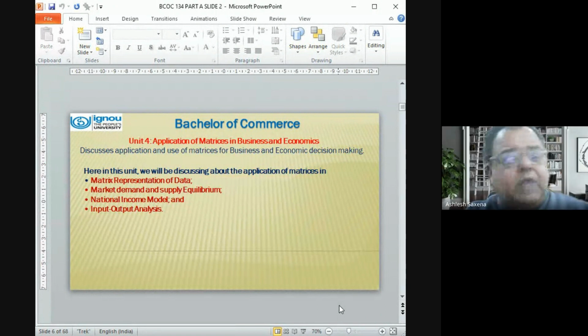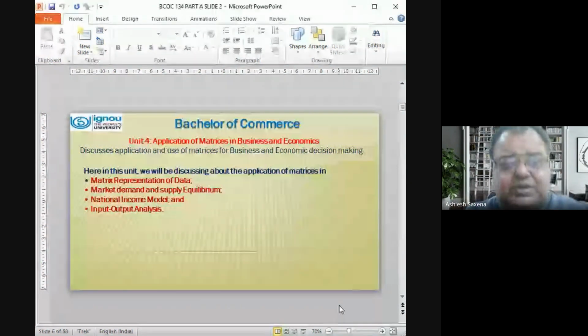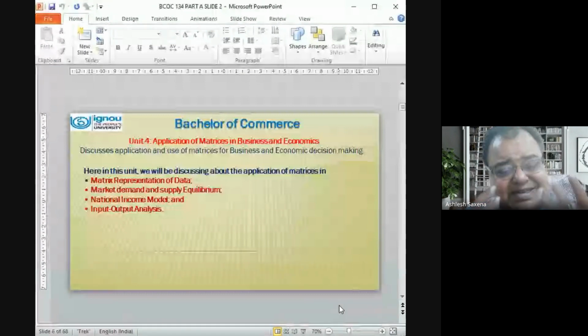Okay, now that is unit 4, application of what we have learned till now. That is how the problem will be converted into a matrix and how it will be used to calculate what we exactly want to do. The application of matrices in business and economics.